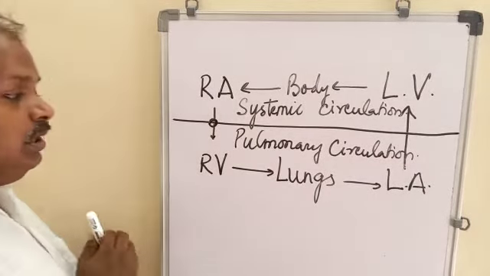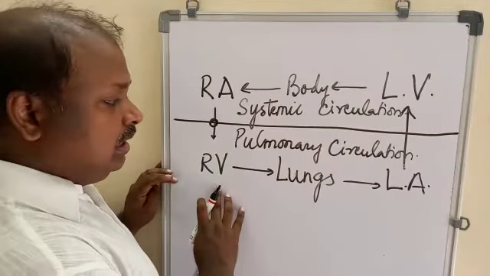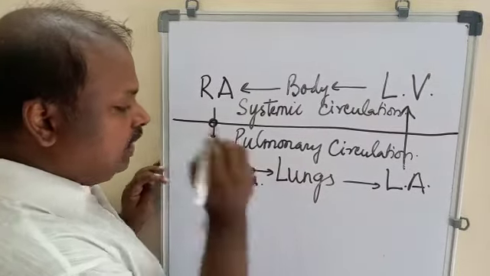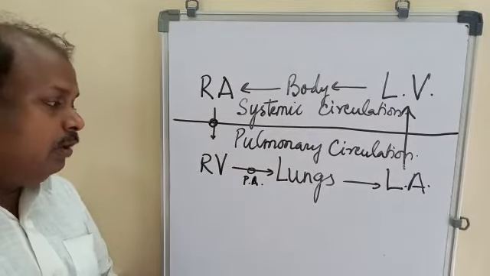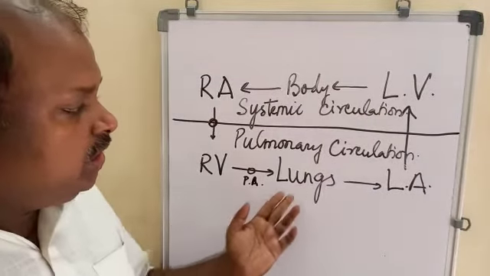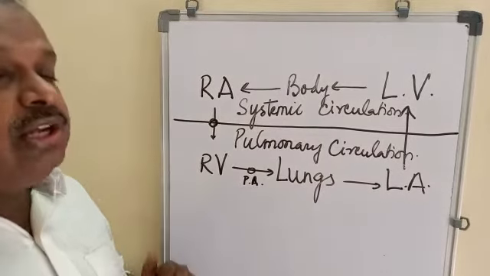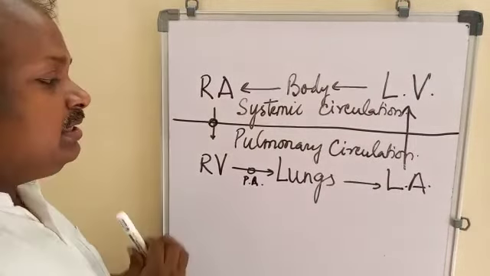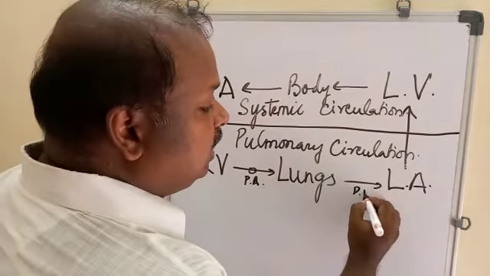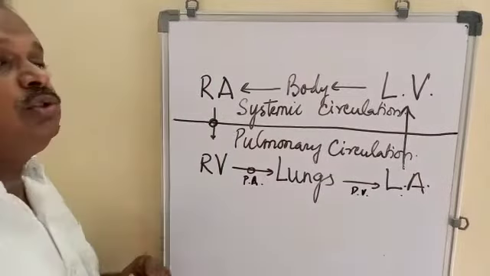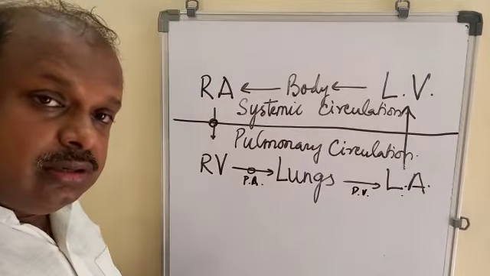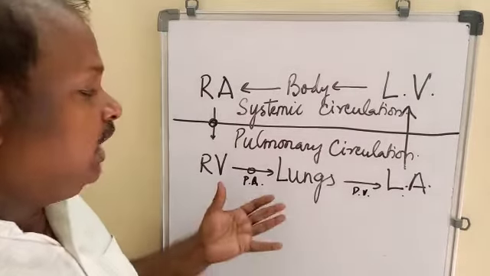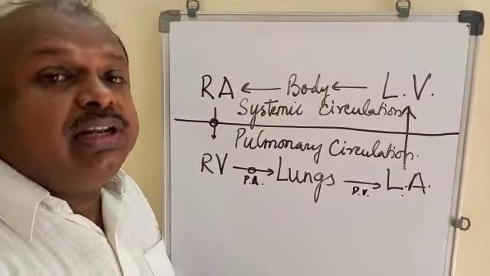Now, from the right ventricle, the deoxygenated blood reaches the lungs with the help of the pulmonary artery. And then from the lungs, with the help of the pulmonary vein, the oxygenated blood reaches the left auricle. So this complete process of getting the blood oxygenated, we are calling pulmonary circulation.